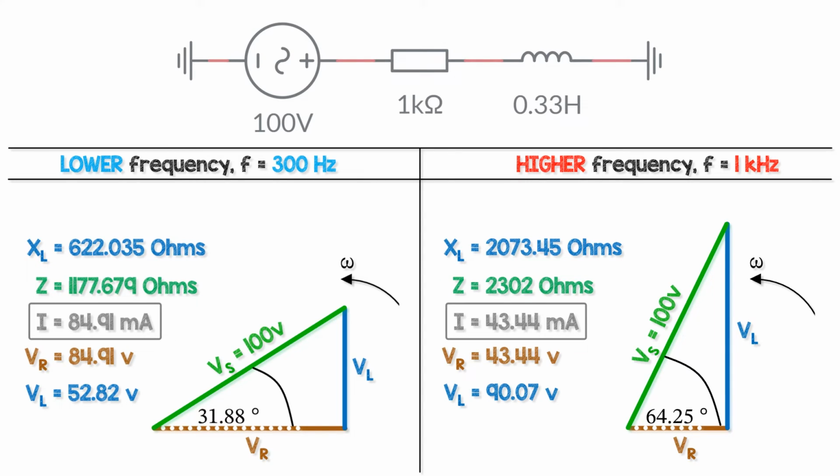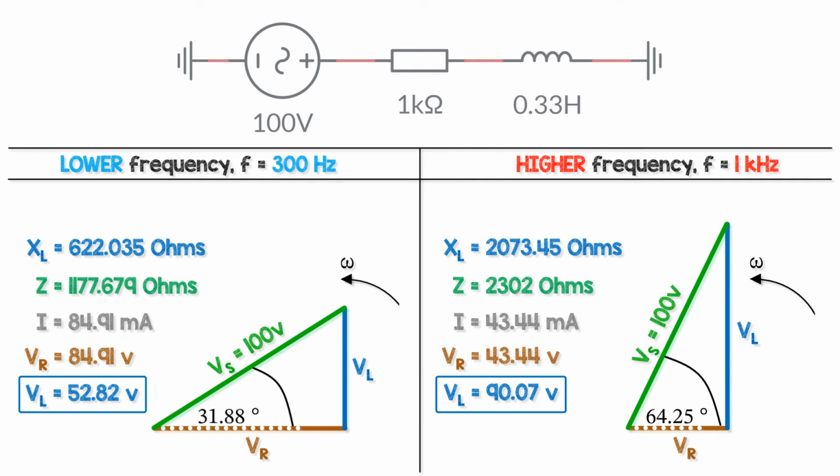The current is reduced by the same percentage that the impedance increased. The resistor voltage is reduced by the same ratio that the current reduced from Ohm's law. The inductor voltage is increased by its own ratio that depends on the impedance and reactance. Finally, the phase angle has increased significantly at the higher frequency.